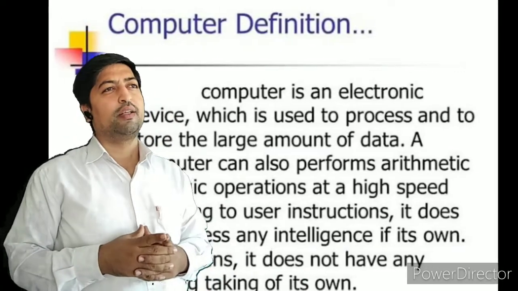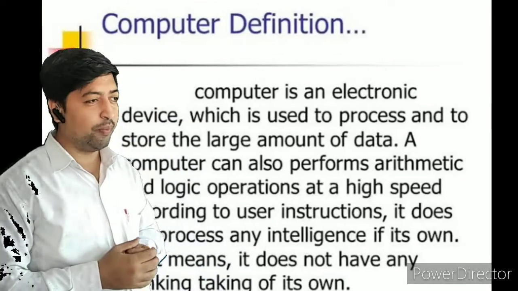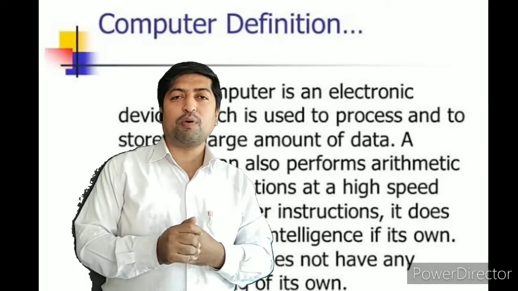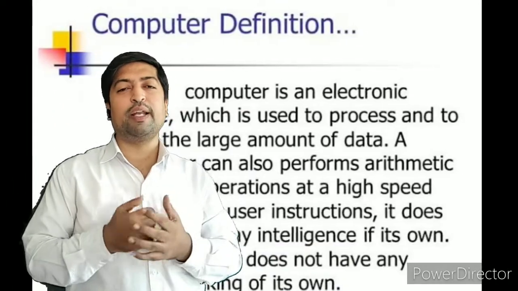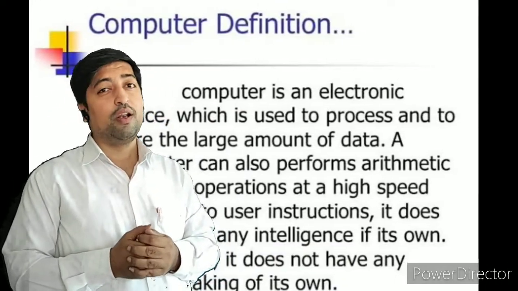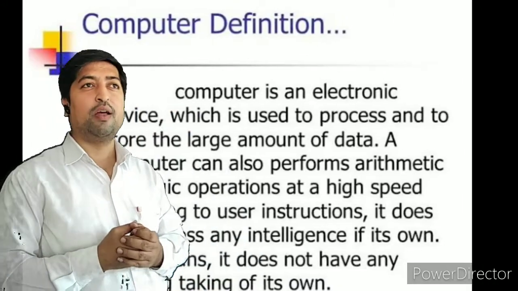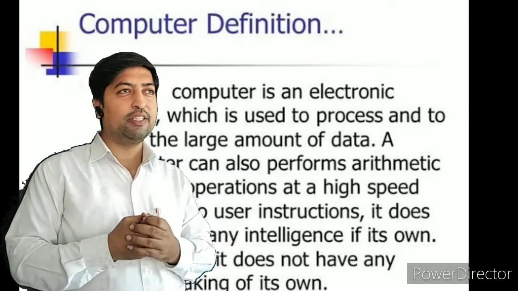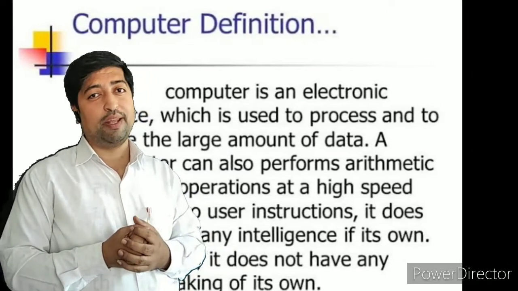That means the computer is made up of four main parts, the desktop computer. First of all, I am very interested to tell you the long form of the word computer. Each character of the word computer shows a meaning.